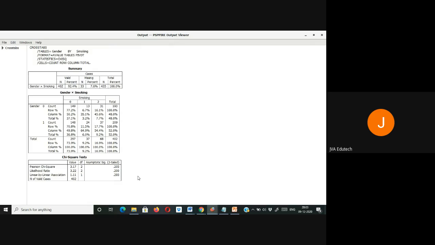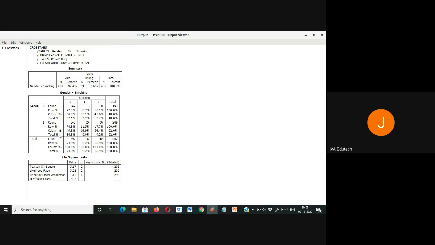What does this table tell you? The first table will tell you the non-smoker, male, females were 149, 13, 31, total 193. And in smokers, you have again 209.